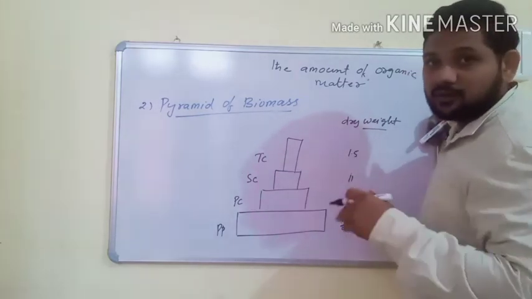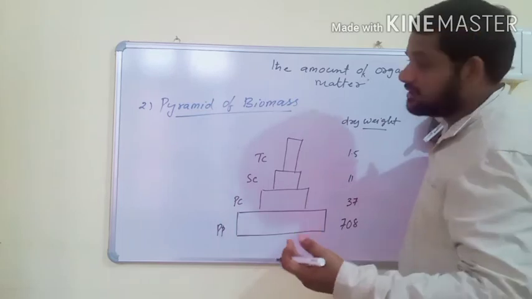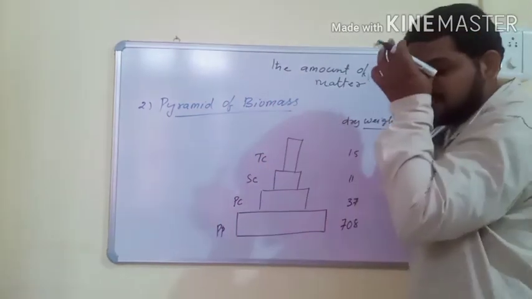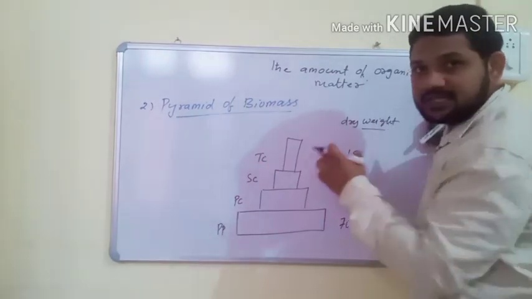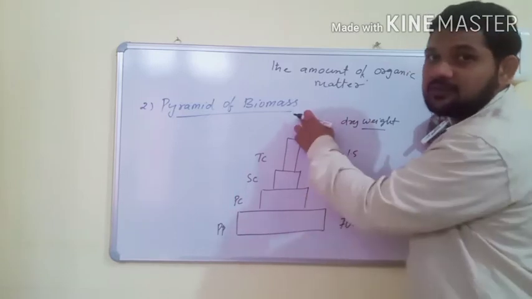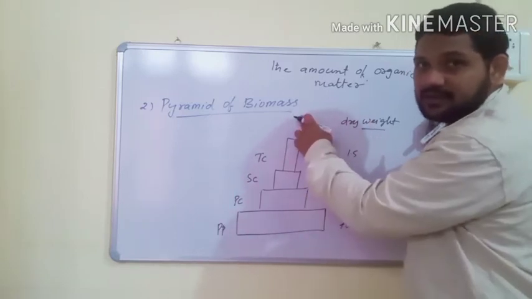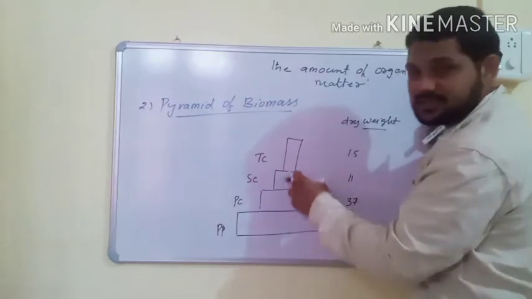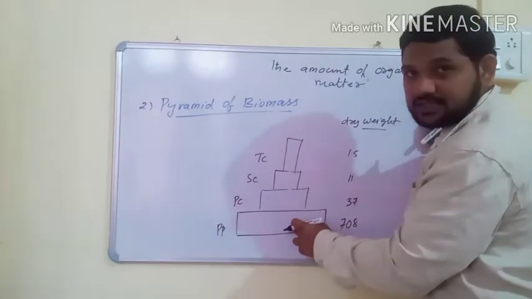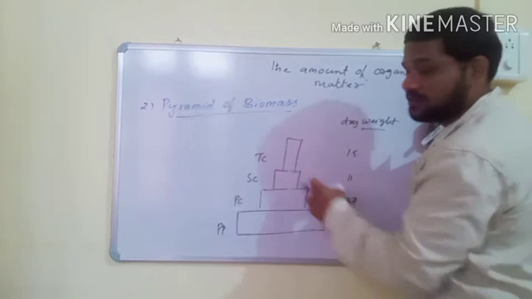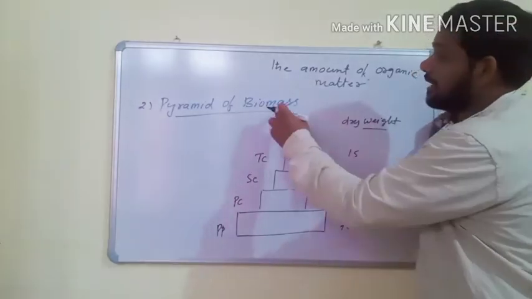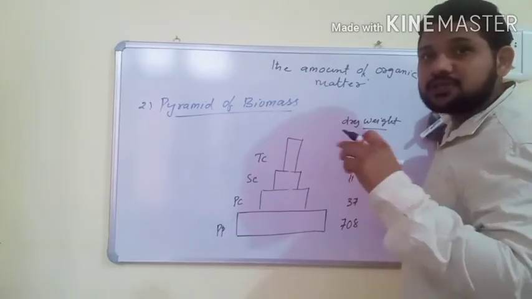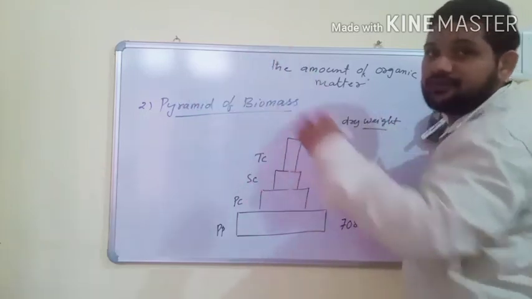It is a graphic representation of the amount of biomass per unit area of different trophic levels sequence wise, producers at base, herbivores at middle, carnivores at top. And the pyramid of biomass is more real than the pyramid of number.